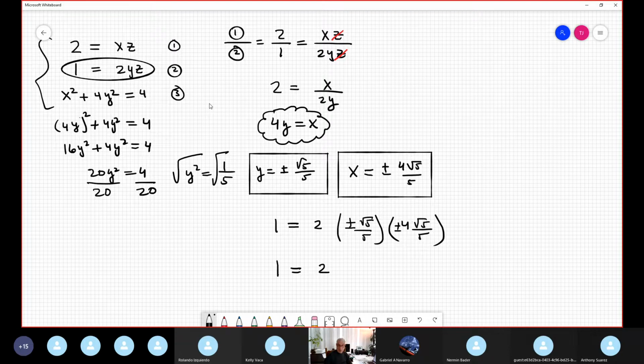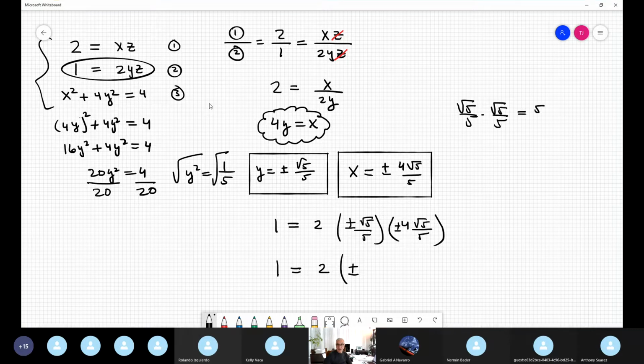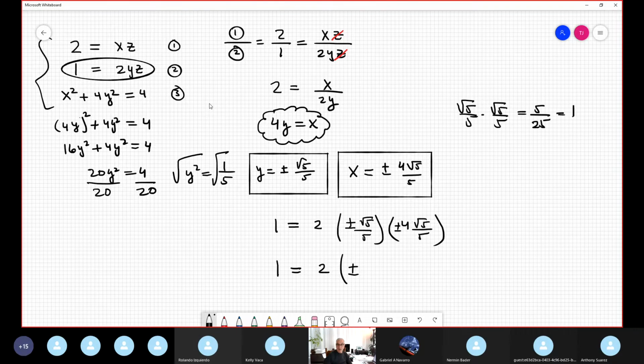It's 1. Okay, it's radical 5. Okay, plus and minus. Radical 5 over 5 times itself is 5 over 25, no? Is 1 over 5. Plus and minus 1/5 times c. Because I forgot c, no?